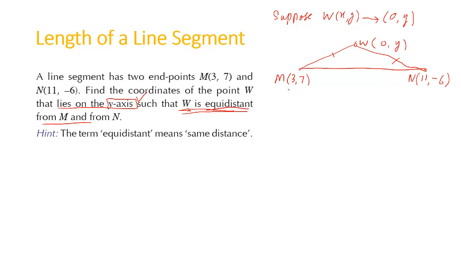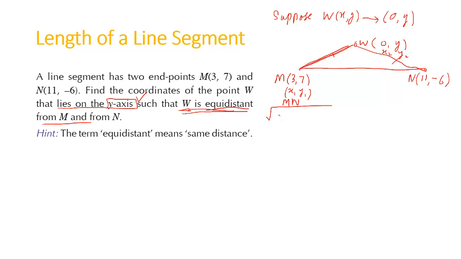So let me take the distance first from W and M. This is x1, y1, and let me call this x2 and y2. Now I will find this distance using the distance formula: square root of (x2 minus x1) whole square plus (y2 minus y1) whole square.